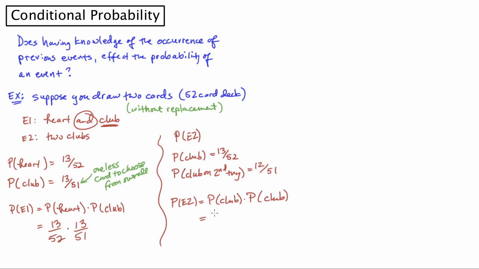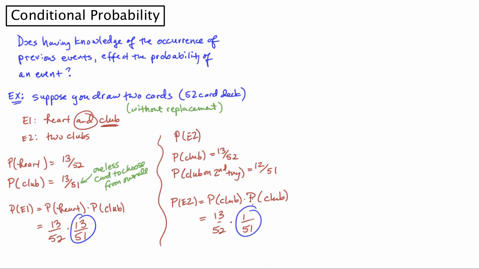But it's this second club that we're drawing that is the focal point of this Mathcast. And the reason for it is, if you look, in both problems I was asked to find the probability of a club coming up second. However, sorry, this should be 12 out of 51.